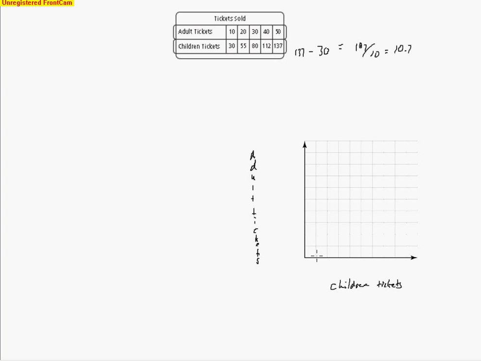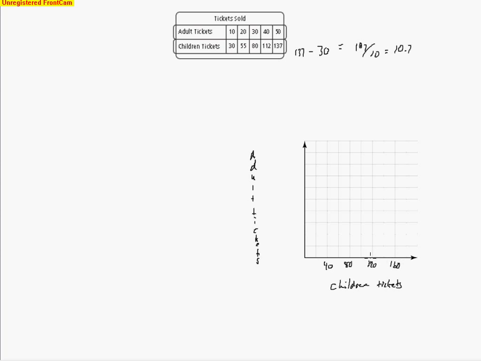Or I could end up just going by higher numbers if I needed to. So I think I'll go ahead and start with some higher numbers, and I'm going to go by 20s here. So let's say I call this one 20, 40, 60, 80, 100, and this would be 120 here, and this would be 140 right here.